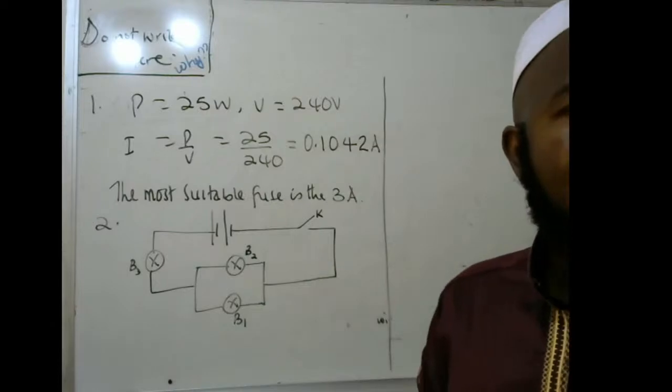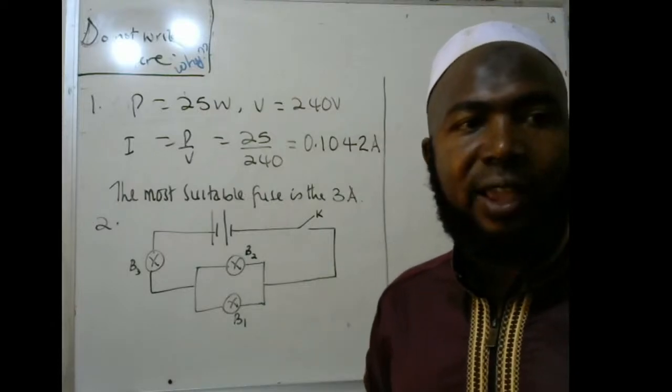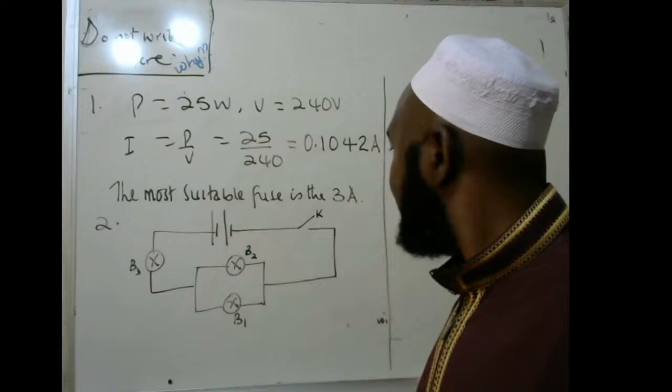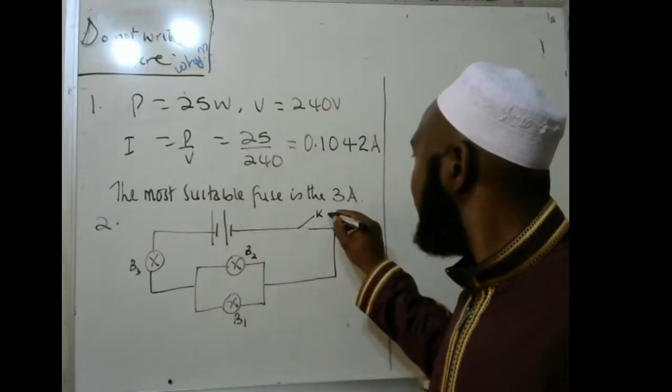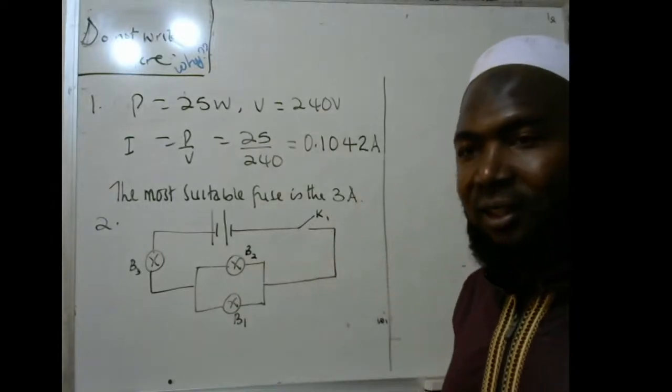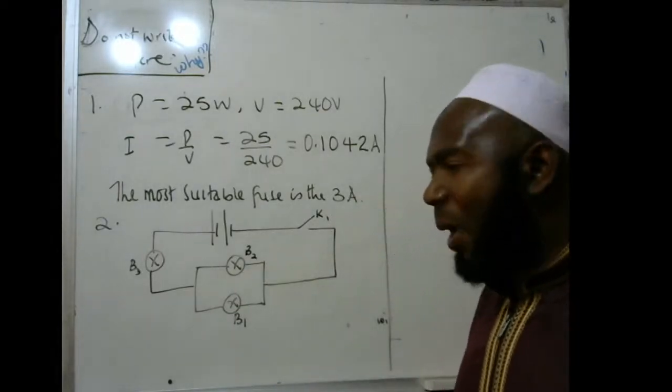Part A, which bulb will light brightest when K1 is closed? Why B3?